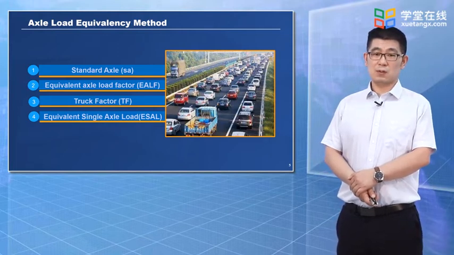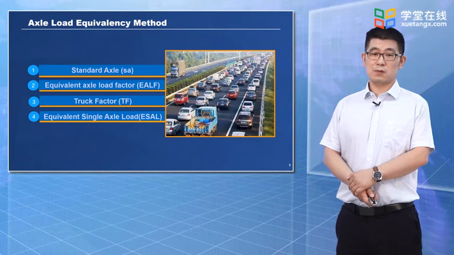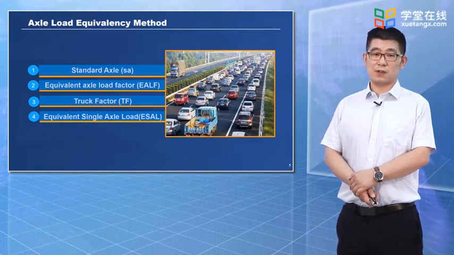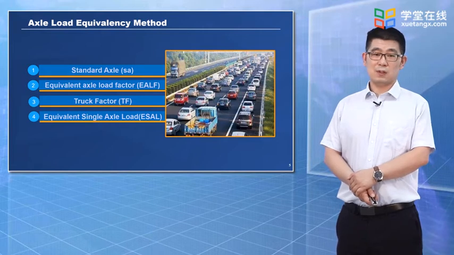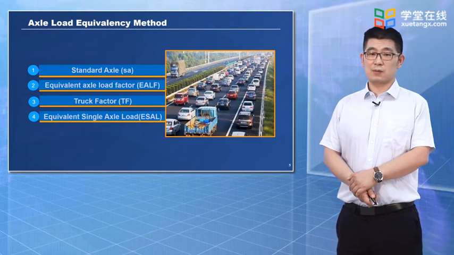This alone creates a huge problem for the pavement designer. In order to handle this problem, the axle load equivalency method is utilized to convert the non-standard axles into standard axles. As a result, the complex traffic is expressed with a single parameter, equivalent single axle load, ESAL.